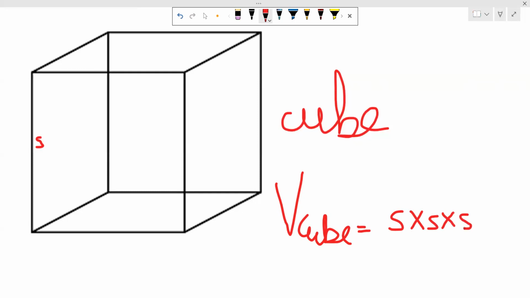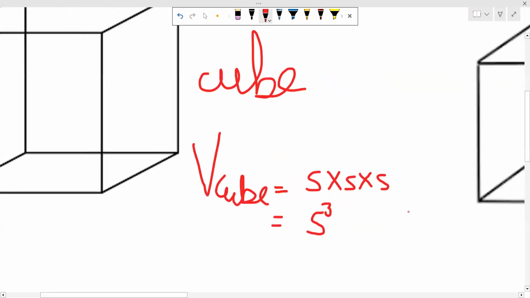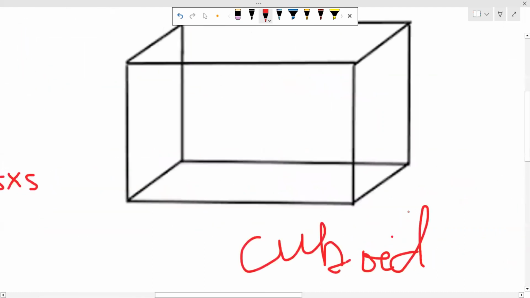Side into side. But here you have to multiply the side 3 times, so it is S to the power 3. So S cube. S क्यूब क्यों बोलते हैं, अभी समझो, क्योंकि ये S टू द पावर 3 है, तो 3 को हम लोग कभी कभी क्यूब भी बोल देते हैं.